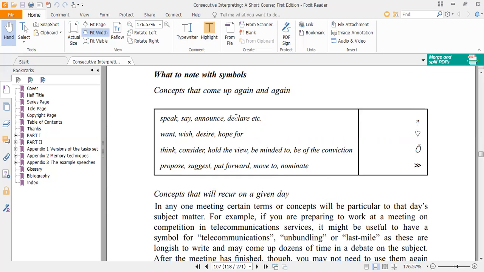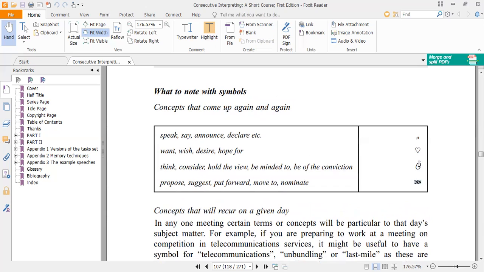Speak, say, announce, declare, we can use these two commas. Think, consider, and so on, we can use this symbol. Propose, suggest, put forward, move to, nominate, we can use this symbol.